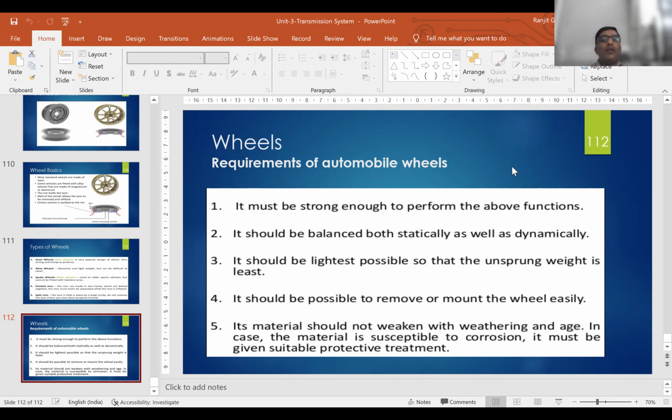Then the major parts of the steering system. We have already seen the images, including the steering wheel, steering shaft, steering drop arm, which is also known as the pitman arm, then the knuckle arm, steering column, steering gearbox, push and pull rod, which is also called the drag link, and finally the tie rod and tie rod end.